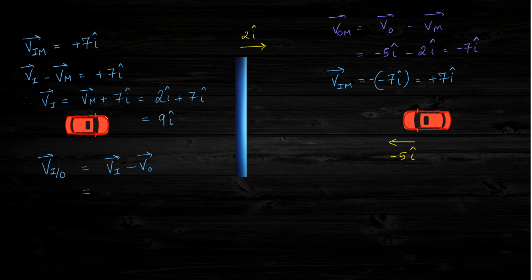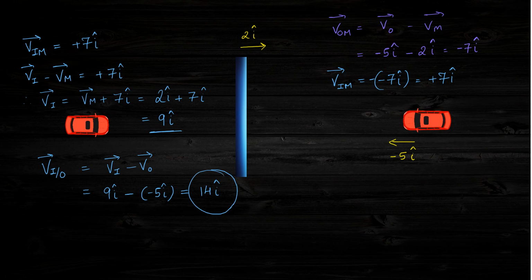So this is going to be equal to the absolute velocity of the image with respect to the stationary ground frame. We know it is 9 I cap, we have just found it out. So 9 I cap minus the velocity of the object, which happens to be minus 5 I cap. So this happens to be equal to 14 I cap.